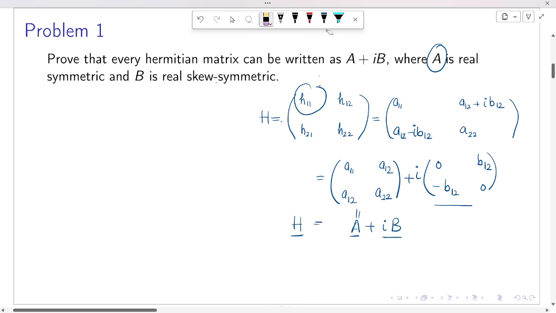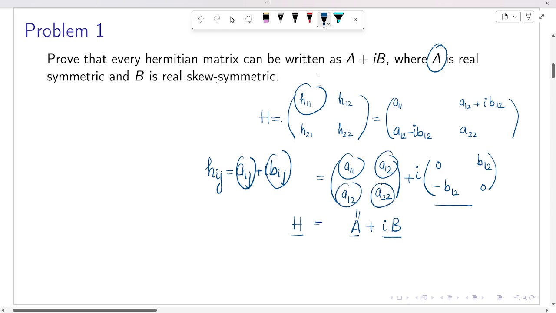Now A is a real matrix, because when we have written that Hij is equal to Aij plus iota Bij, here Aij and Bij are real numbers. So A11, A12, A12 and A22 are real numbers. So this is a real matrix. And obviously this entry and this entry are equal. So this is a symmetric matrix.